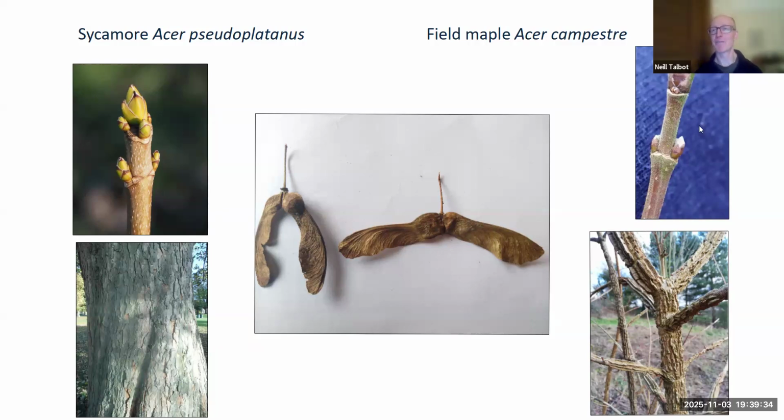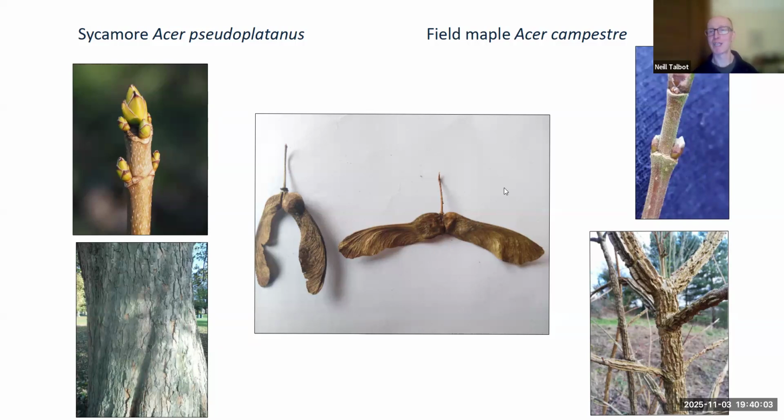And then the field maple, which is closely related, also has opposite buds, but they're quite hairy with whitish scales on them. So they're quite distinctive and very different to the sycamore, and generally it's a smaller tree as well.